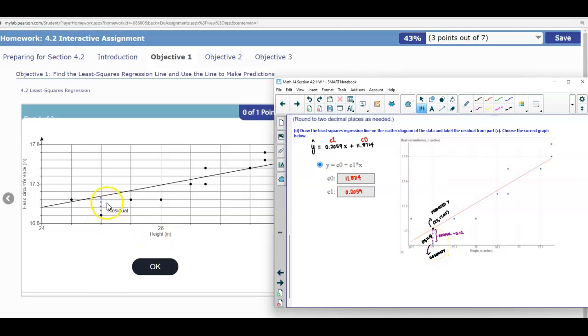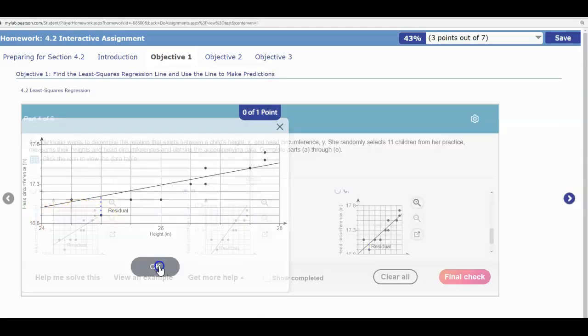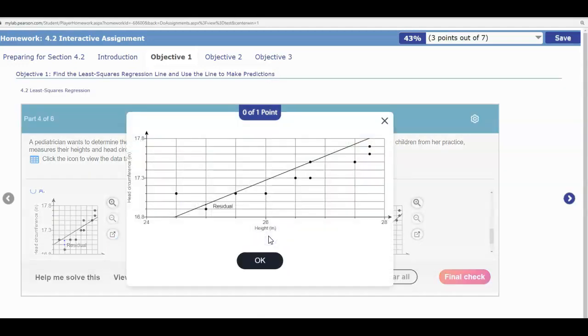Does this look like it could be the residual here? It's possible, because this is 25 and that could be 16.9. That is 16.9. Let's take a look here. 25, and that's 16.9. And there's the residual.